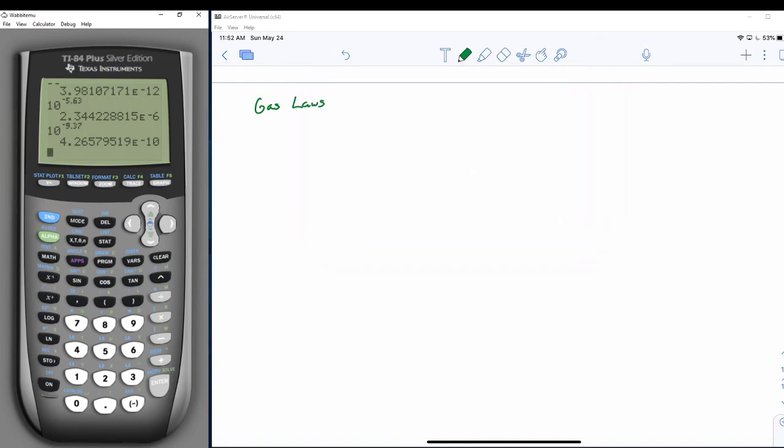And so if 22.5 decimeters cubed of nitrogen at 748 millimeters mercury is compressed to 725 millimeters mercury, so I write out volume 1 is 22.5 decimeters cubed, pressure 1 is 748 millimeters mercury, pressure 2 is 725 millimeters mercury, and volume 2 we don't know.